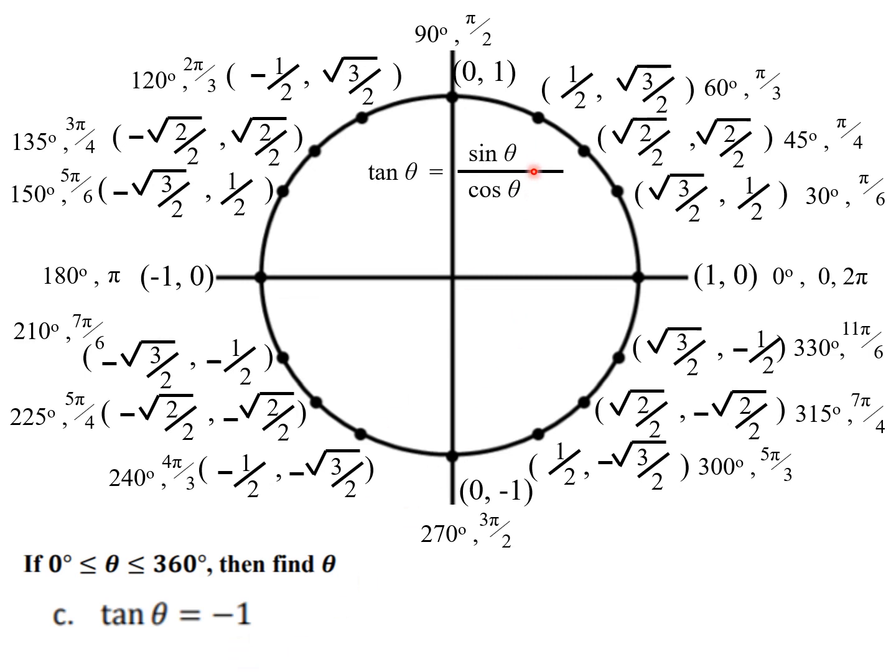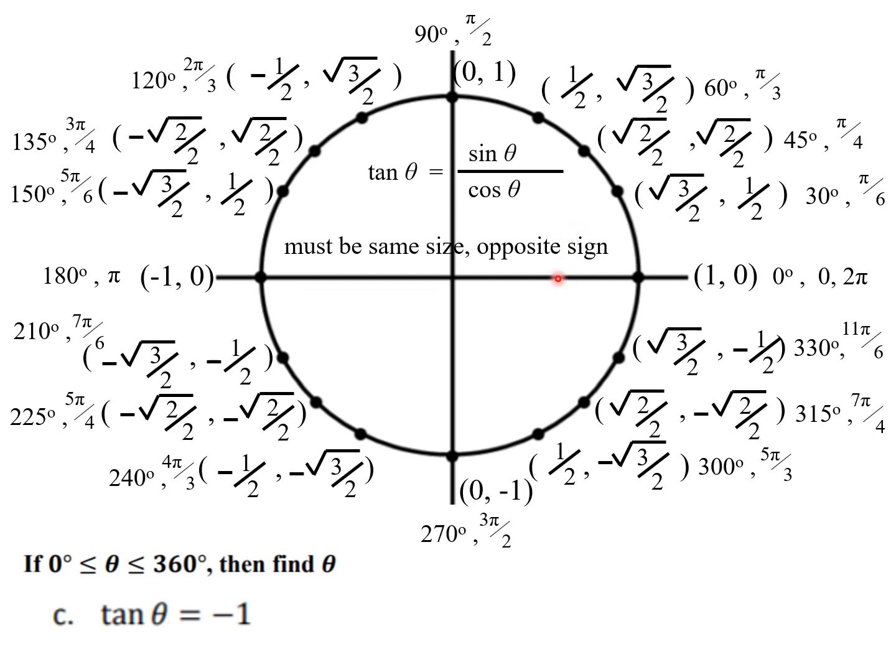So the ratio of the sine to the cosine has to be -1. And if it's going to be -1, that means they have to have the same size. It has to be 1/2 over 1/2 or √3 over 2 over √3 over 2, but one of them has to be positive and one of them has to be negative. So I want magnitudes to have the same size, but one's positive and one's negative.